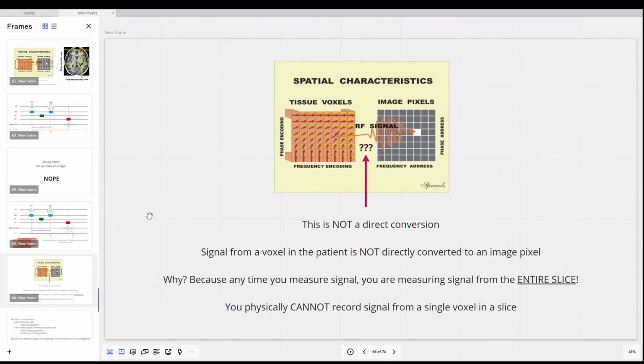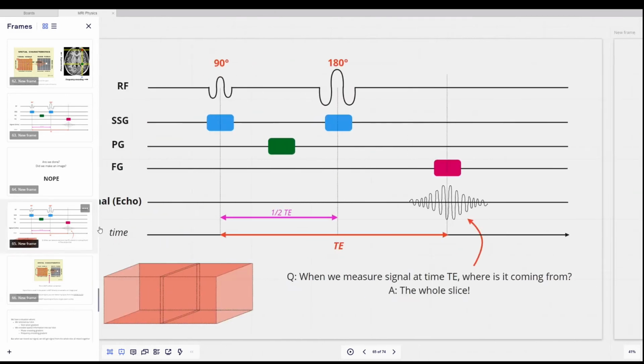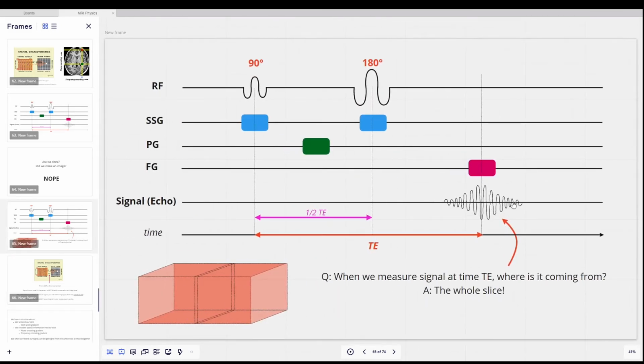Anytime that we talked about measuring signal here, that signal is coming from the whole slice that you've excited. It's just a jumbled mess of all the different signals that are coming from all the different spins in that slice.